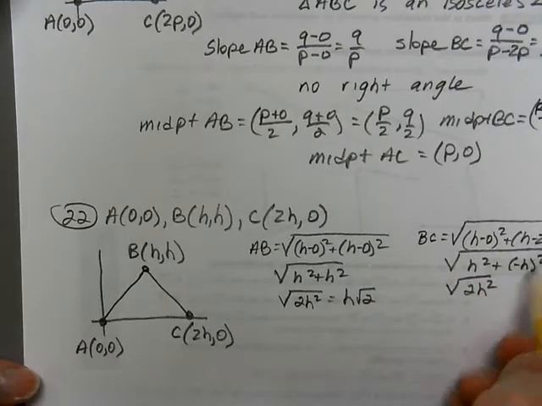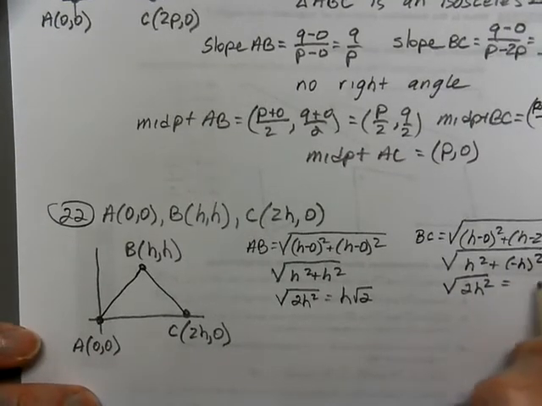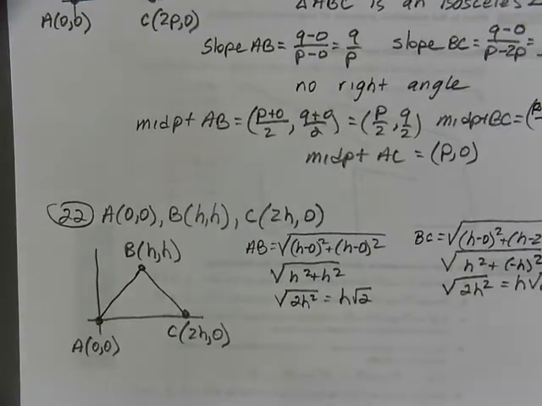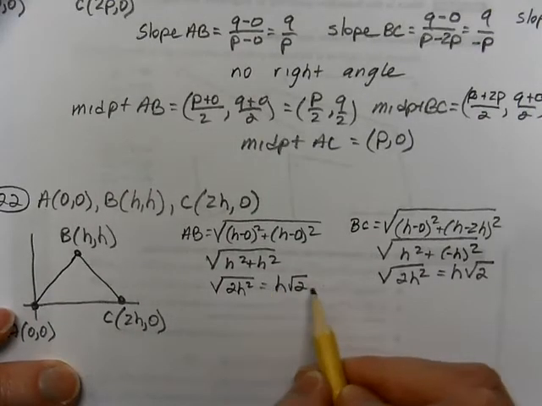When you square a negative, you get a positive. And that's going to come out to be h root 2. There's no plus or minus involved here, so it's okay to take the square root. These are the same.